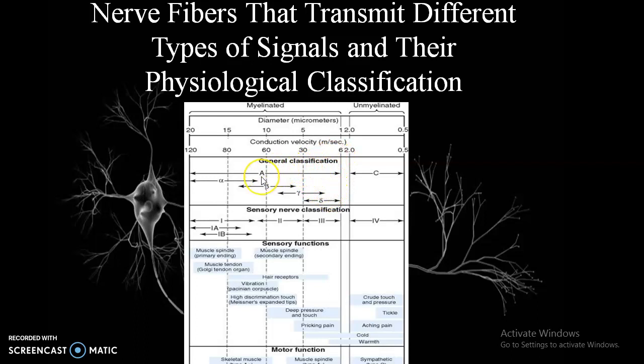So the free nerve endings use A delta, and the specialized corpuscles like Meissner's corpuscle, Ruffini's endings, etc., use A beta type nerve fibers.